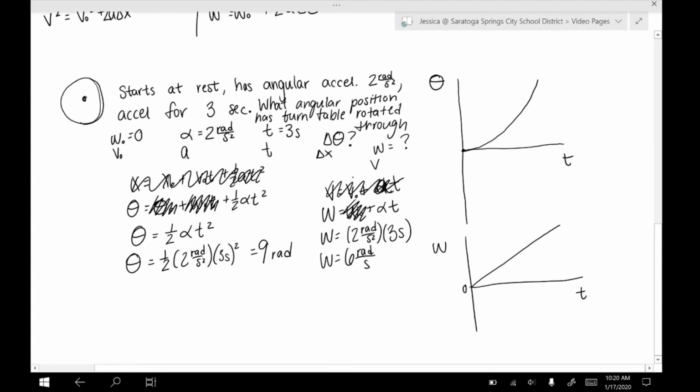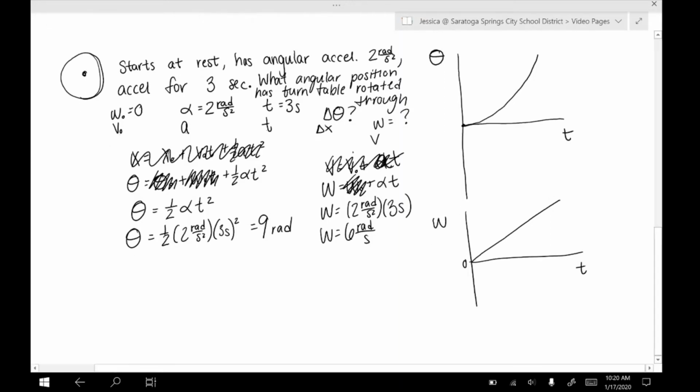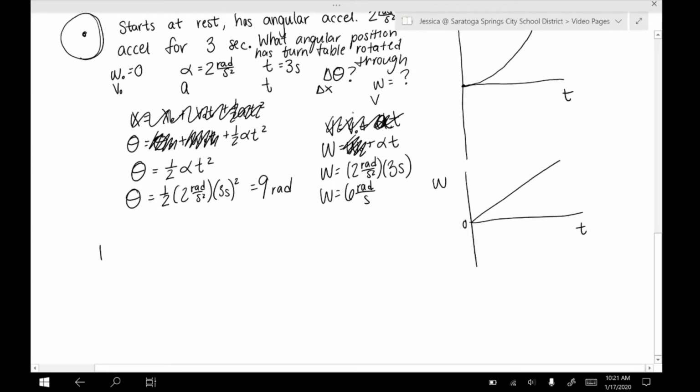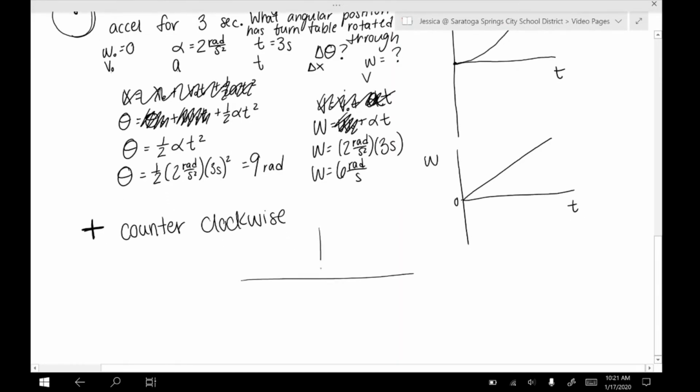Now, I did mention rotating in the positive direction versus rotating in the negative direction, but didn't actually say what's positive and what's negative. For rotation, the positive direction is considered the counterclockwise direction. Okay, and that comes from math class. If we think about x, y, we usually say the x-axis is 0, and then we measure our angles counterclockwise from there.